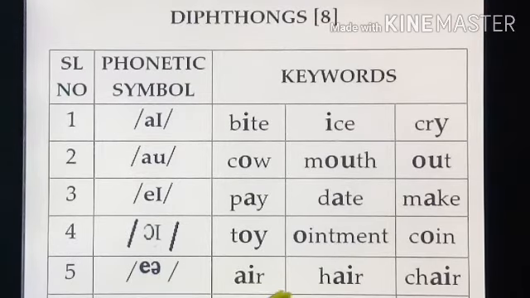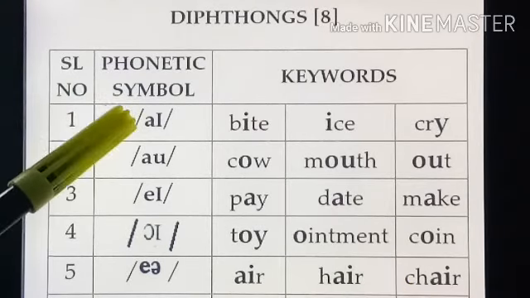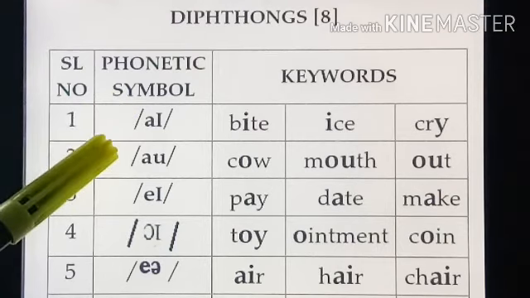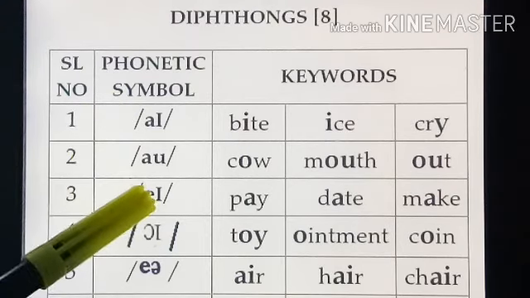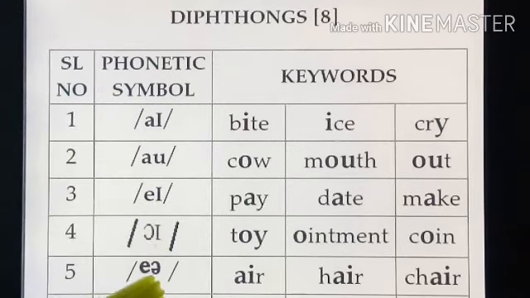In American English, they produce this final R. According to the British English, we say this air. H-A-I-R, this is hair. C-H-A-I-R, this is chair. Once again we see the sounds I, O, A, I and air.